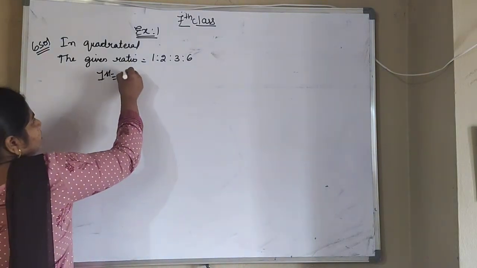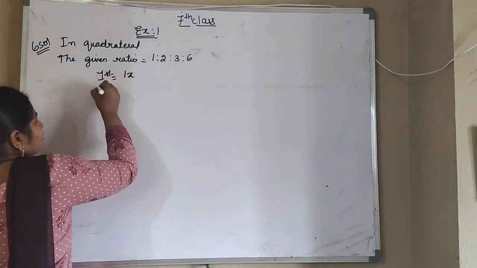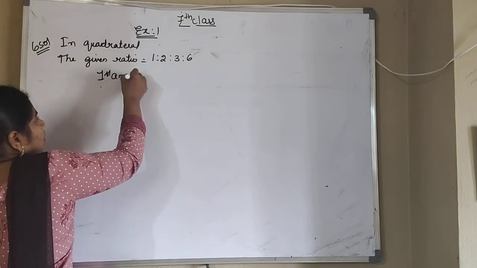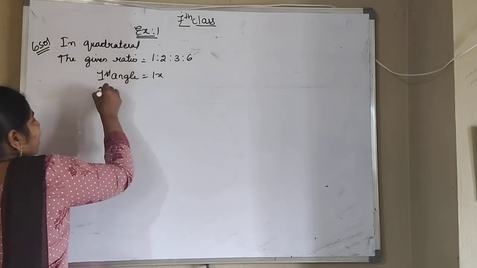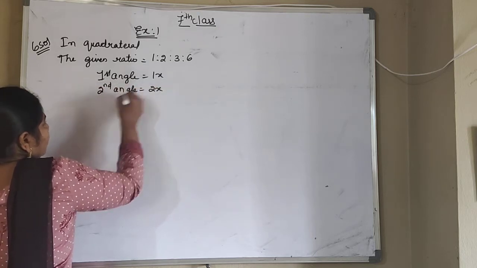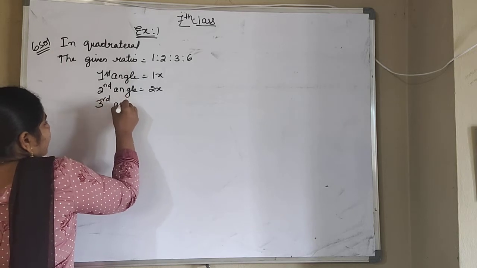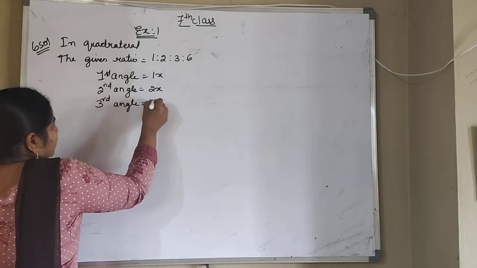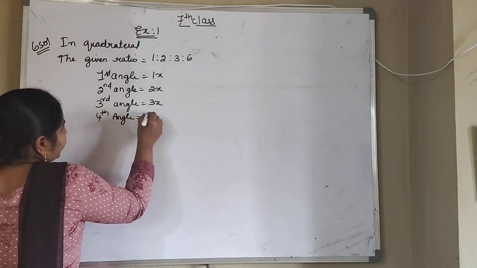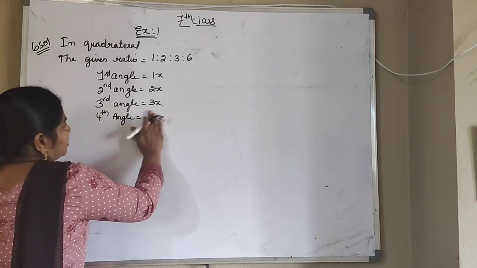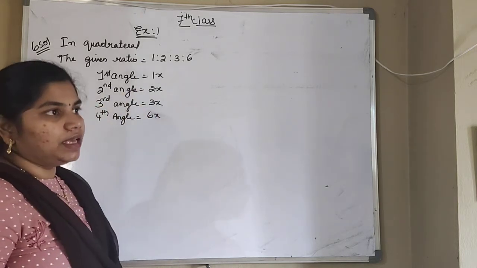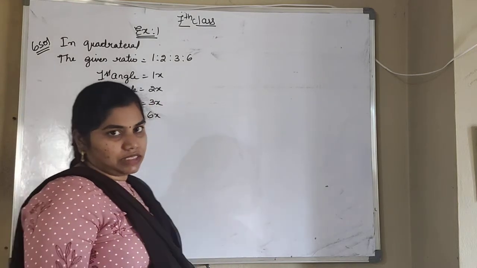So the first angle I am taking as 1x. The second angle I am taking as 2x. The third angle I am taking as 3x. The fourth angle I am taking as 6x. Okay, if you add all 4 angles, it will equal 360 degrees.